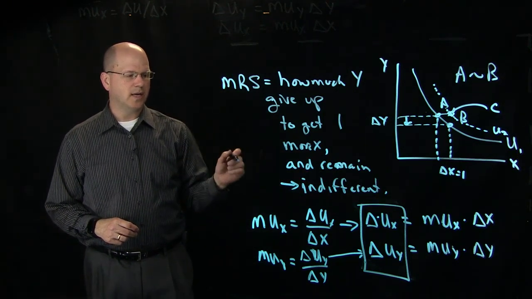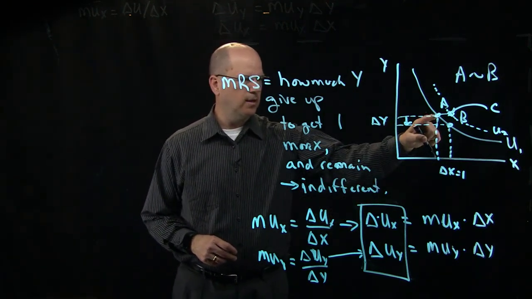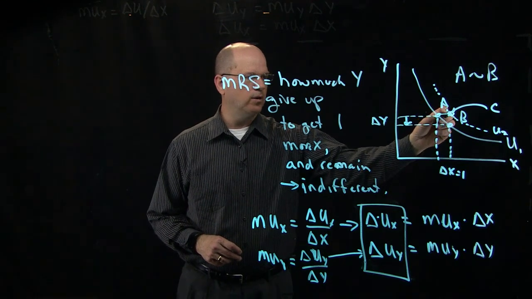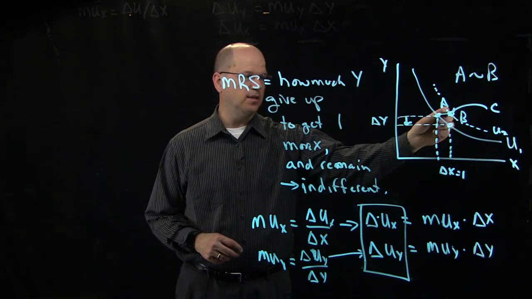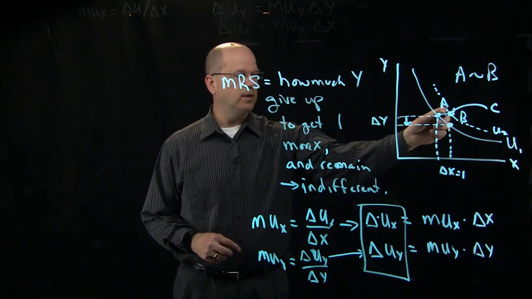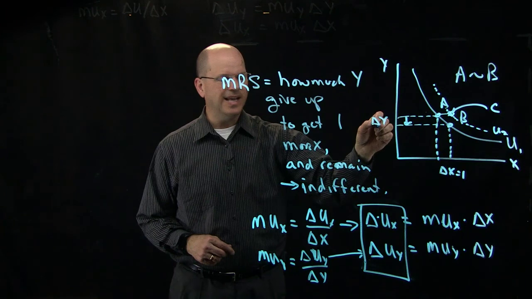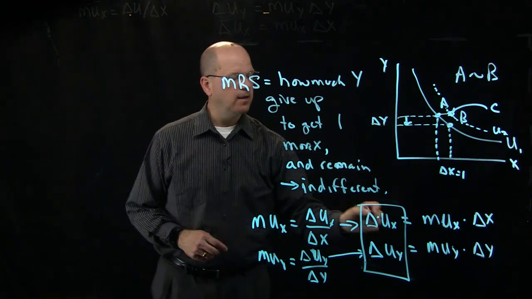Well, we know that the change in utility from consuming one more unit of good X is offset exactly by the change in utility, the decrease in utility, from consuming this amount less of good Y, right?